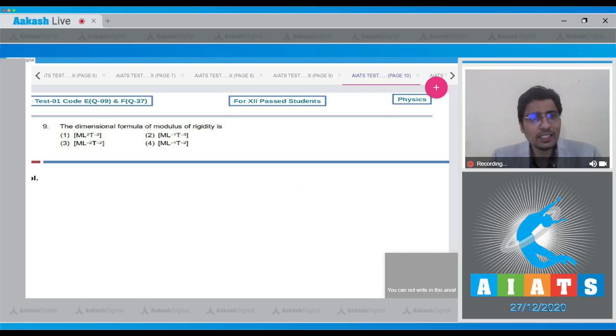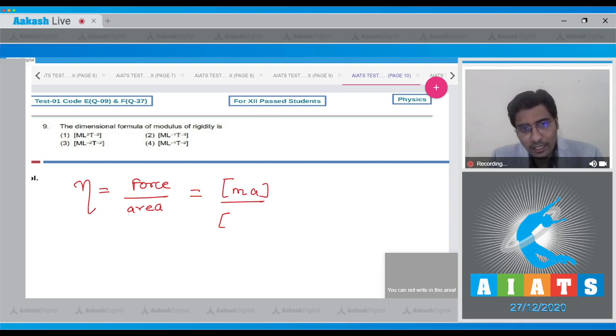In question 9, the dimensional formula of the modulus of rigidity is asked. Dear student, the modulus of rigidity, which is represented by eta, has the same dimension as force divided by area. Now, the force can be written as mass multiplied by acceleration, while area can be written as simply length square. We are writing that to introduce the dimensions.